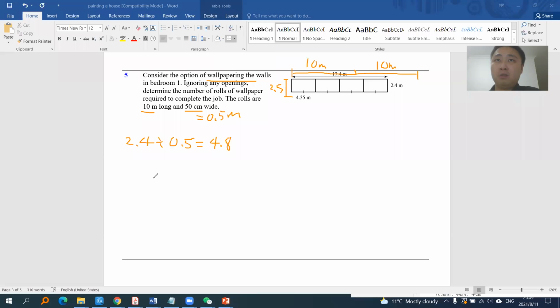So in total, you need to have 10 row of wallpaper.